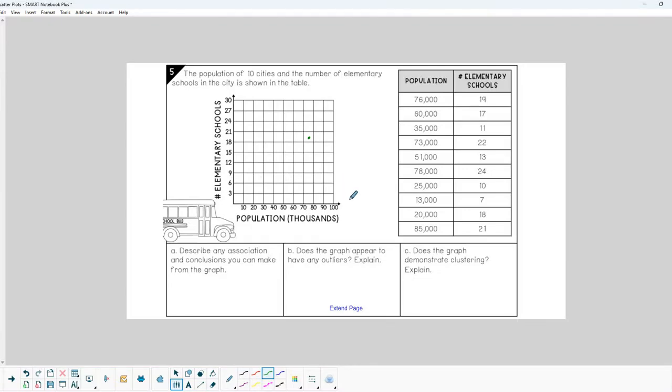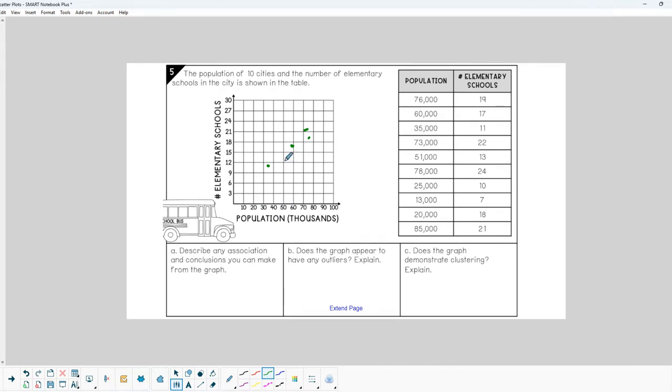So you're kind of approximating where these plots go. Over 60, up 17, that's going to be just below 18, right? 35,000 and up 11, so 35, 11 is going to be just below 12. 73,000 up to 22. 51,000 up to 13.